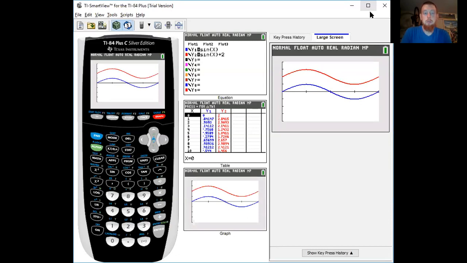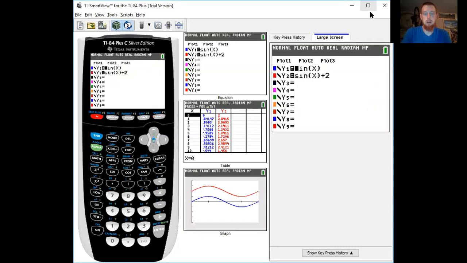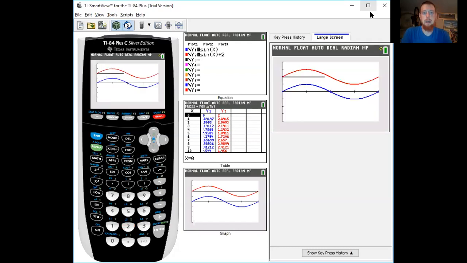And more specifically, we changed where the line of symmetry is, right? If we put in a third function, just y equals 2, that value that we added to the parent function shows us where the new line of symmetry is.